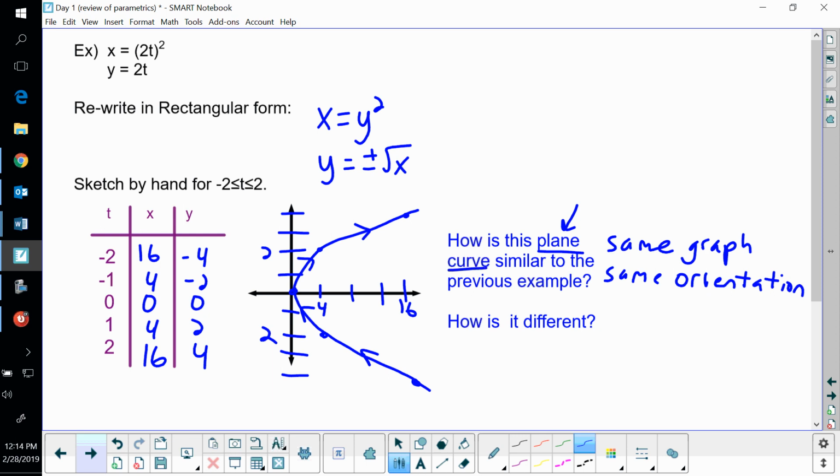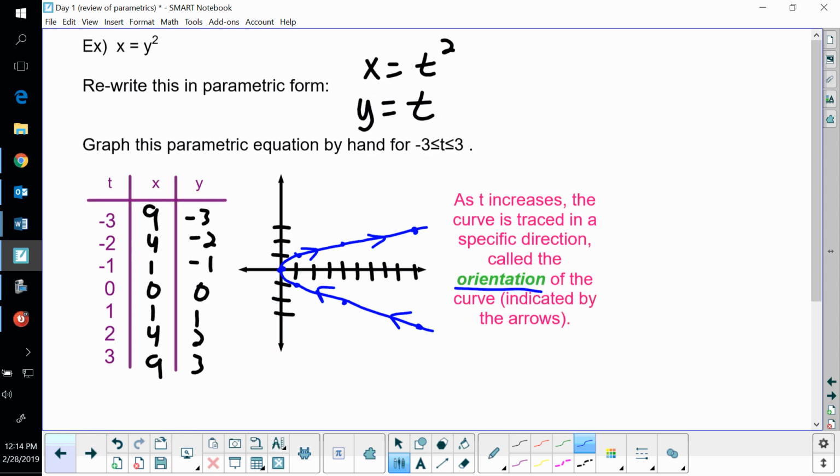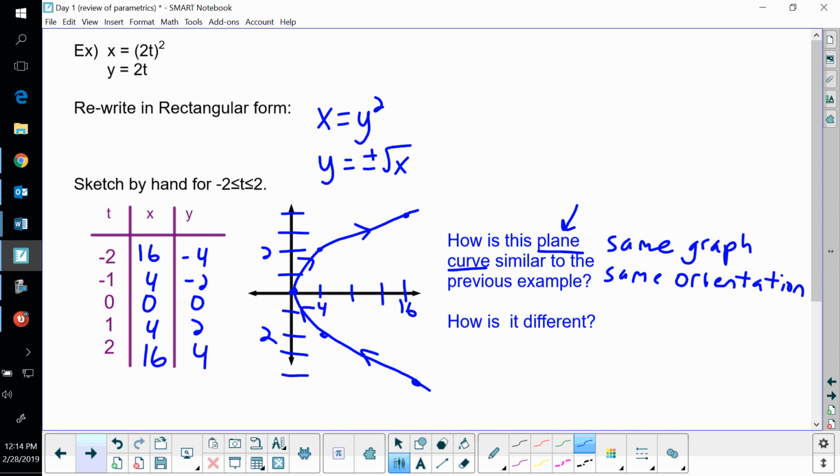However, something that's different is there's different t's that are corresponding to the rectangular points. Like up here in the last one, it was negative 2 that gave us 4, negative 2. Well, now it's negative 1 that gives us 4, negative 2.